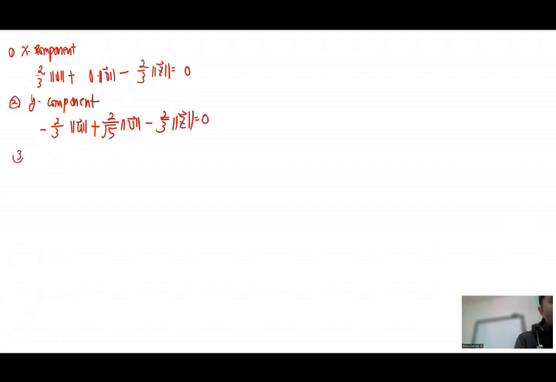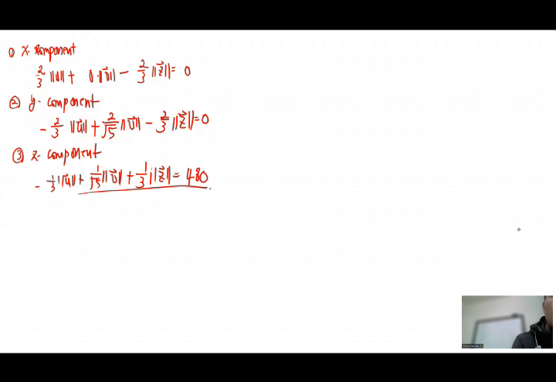And number 3, the z component, that is minus 1 over 3 U vector plus 1 over square root of 5 the V vector plus 1 over 3 the G vector equals 480, because that is the z component of the W vector, actually minus W.